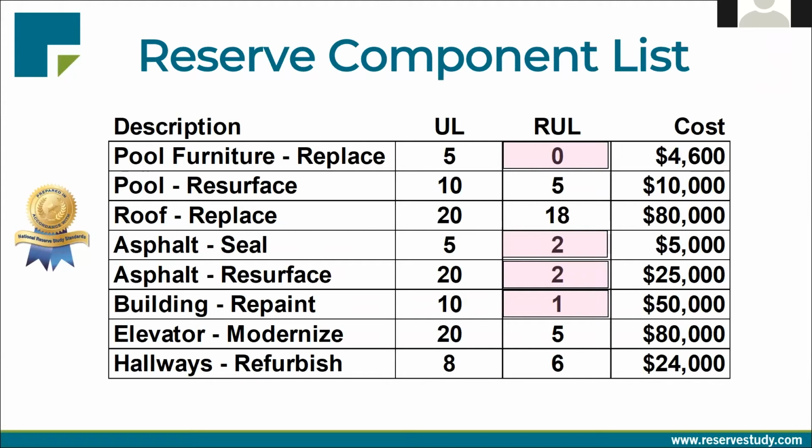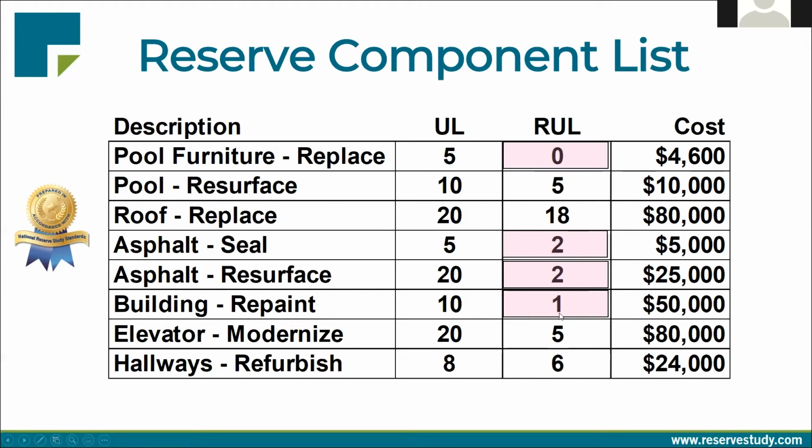This is the component list we've been working off for this webinar. By focusing on the individual line items, looking at the highlighted cells, you'll see that the component method will require the pool furniture to have $4,600 in the initial year to pay for the bill for the pool furniture. The asphalt seal and the asphalt resurface funds need to each have $5,000 and $25,000 respectively within 2 years.